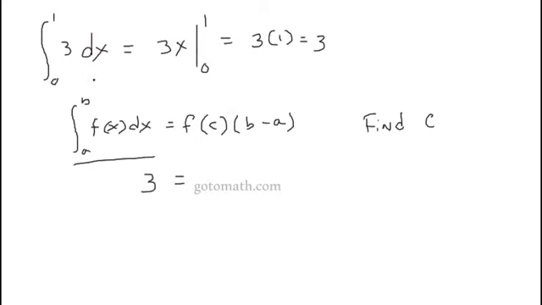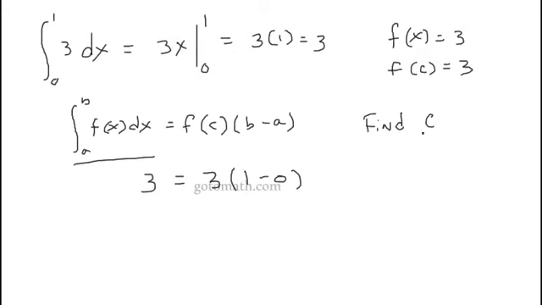If our function, I should write out here, is f of x equal to 3, then f of c is equal to 3, because there is no x over here to plug c into. So f of c is equal to 3, and then b minus a, we're going from 0 to 1, so this is 1 minus 0. Well, this is actually kind of funny because 3 is equal to 3.